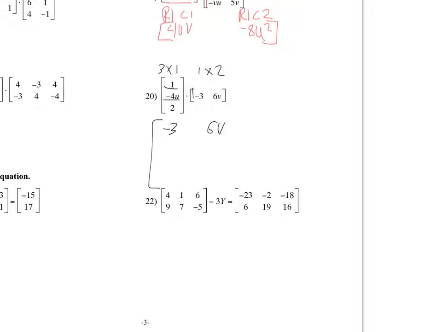Row 2, column 1 is going to be 12u. Row 2, column 2 is going to be negative 24uv. And then I've got 2 times negative 3 is negative 6. 2 times 6v is 12v. Interestingly, this made a 3 by 2 matrix out of a 3 by 1 and a 1 by 2.